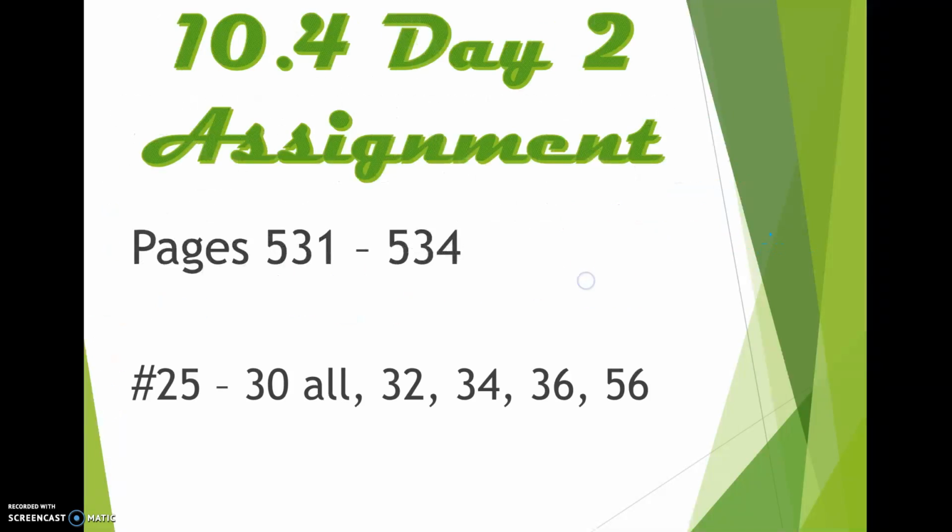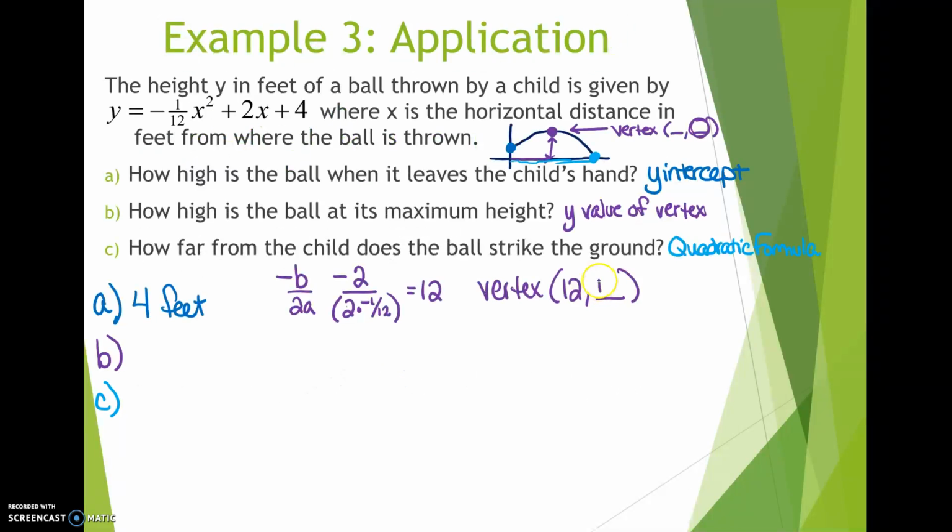And that's the number that we really want. So the ball will be 16 feet high at its maximum height. Now keep in mind, that means 12 feet in, the ball is 16 feet high.